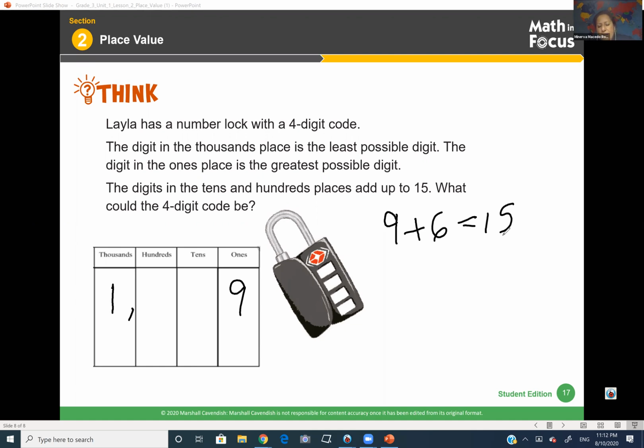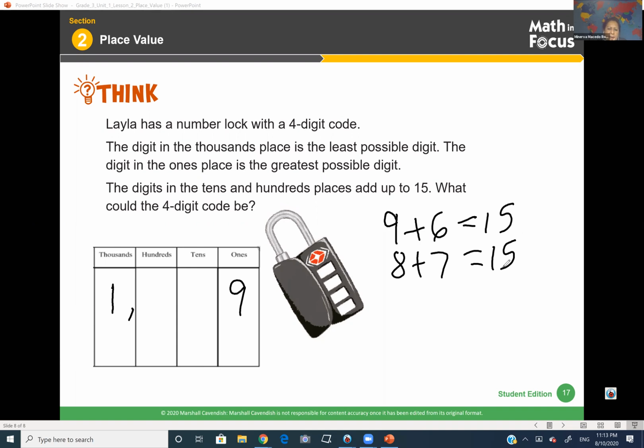Or I can do, let me see, 8 plus 7 makes 15 too. So I need to think of another combination that is only one digit. So what about 7 and 7? Now that's 14. 8 plus 6 makes 16.